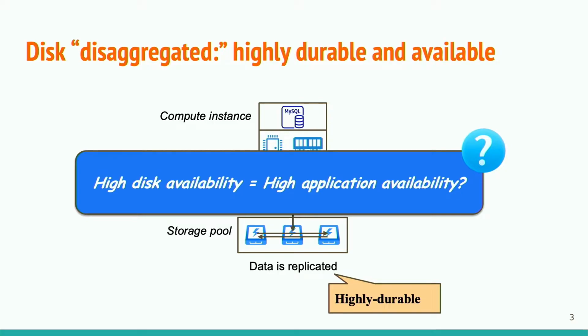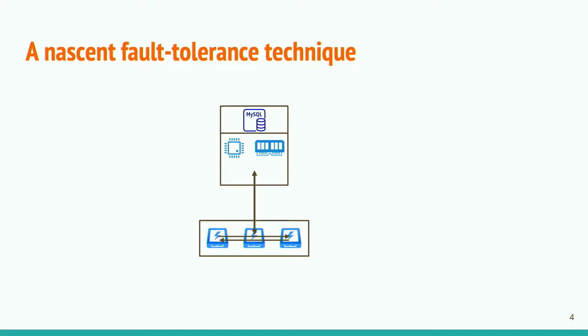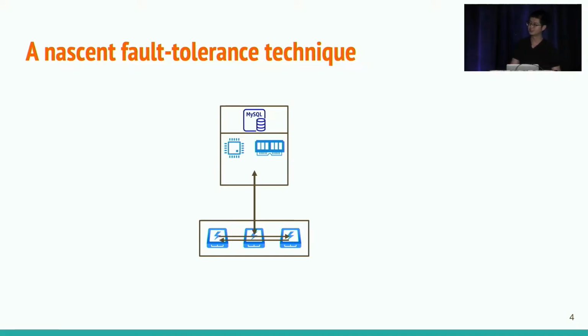So this begs the question: can high availability at the disk level be easily translated to high availability at the application level? In that spirit, practitioners have already started adopting a new fault tolerance technique that leverages disaggregated disks.